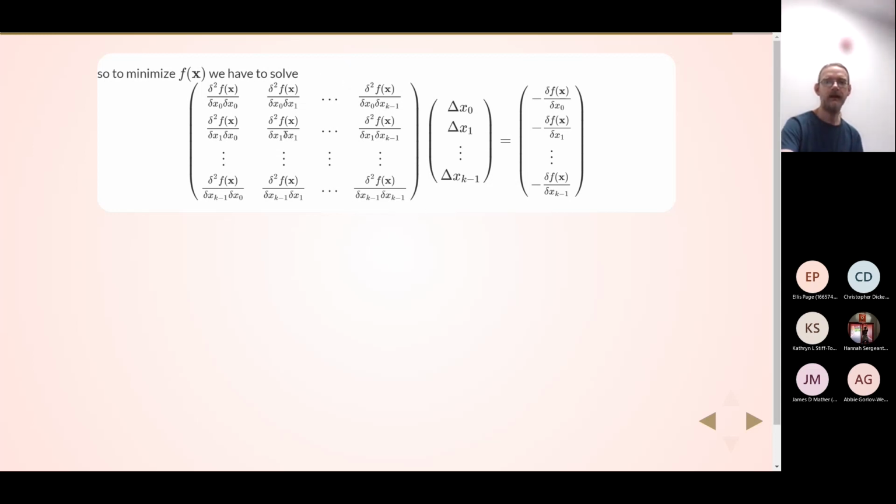And again, that's Ax = b. So you set up your matrix and then you solve it. And because it's going to be a non-linear problem in general, you won't get exactly the solution. But what you do is you iterate.